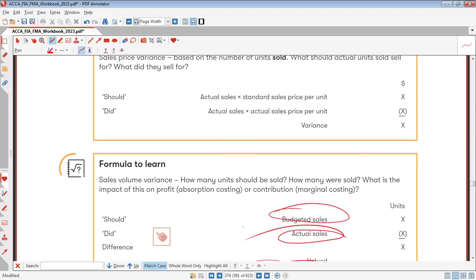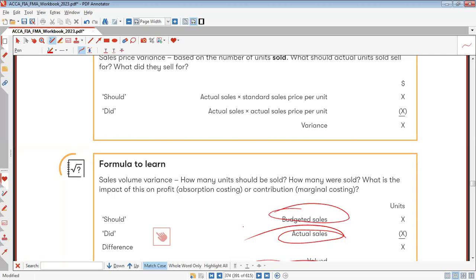Okay. Are we together? The sales variances should be some of the easiest because for the price, we are comparing actual price versus planned price times actual units sold. For the sales volume variance, we are getting the difference between the budgeted sales, not sales amount of money, sales units.